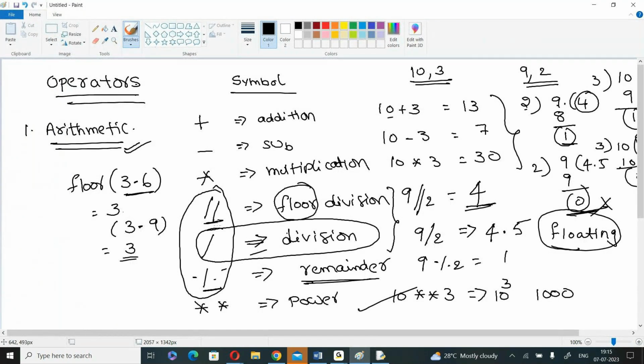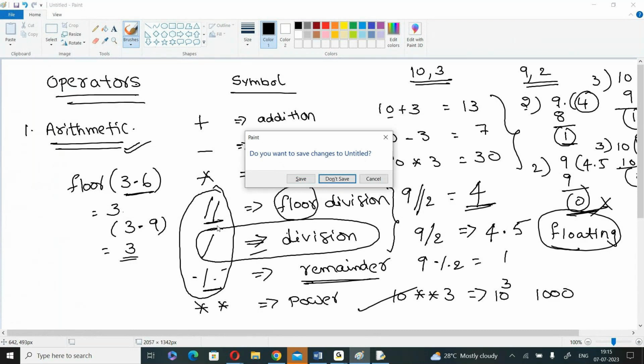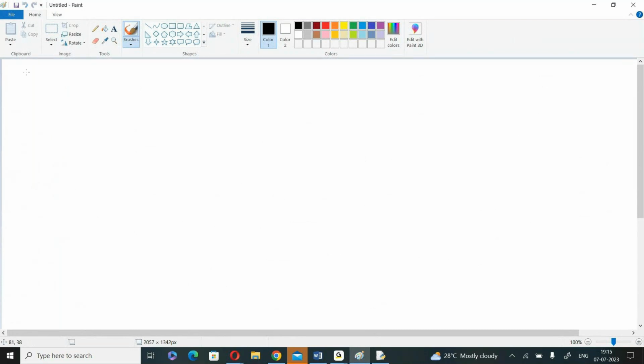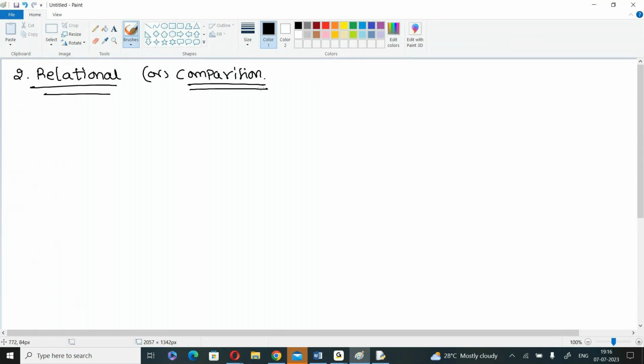Next, move to the second operator. The second one is the relational operator, also called the comparison operator. Relational operators are also called comparison operators. What are the different relational operators? Everyone knows these operators. What are those?